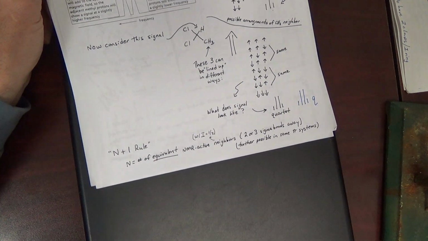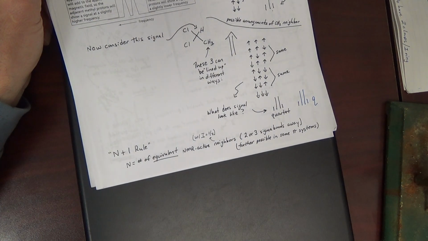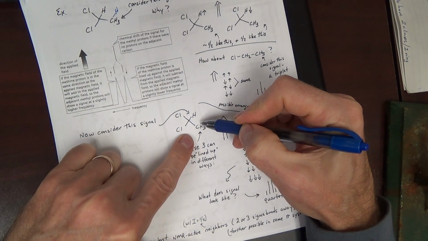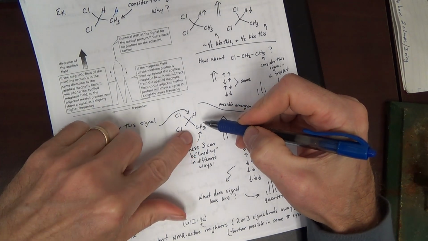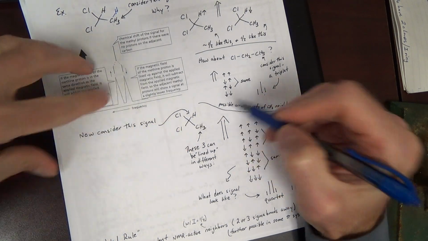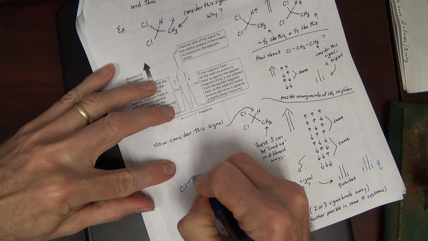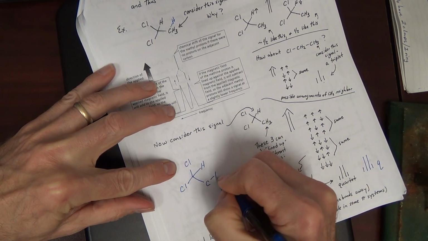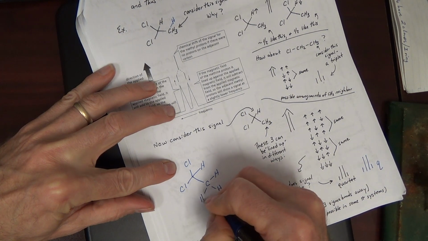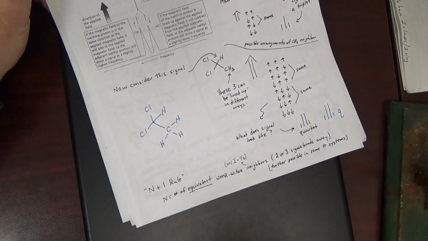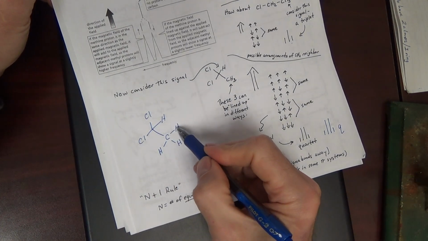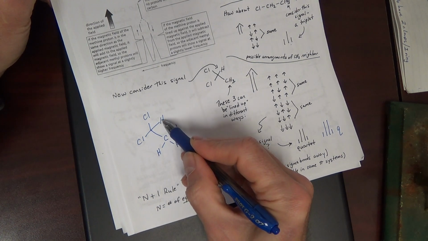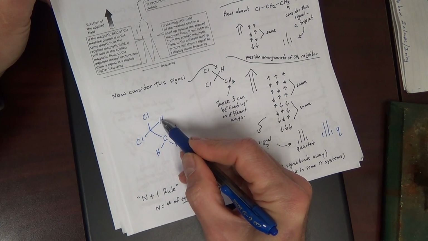Now, a couple of things we need to point out at this point. Does the carbon split the H? We draw this compound here with the bonds drawn out. These H's are the same. We're talking about this signal. This neighbor affects that signal in 2 different ways.